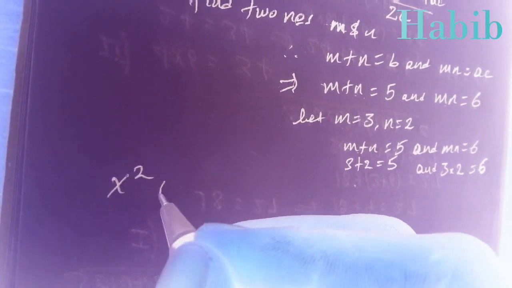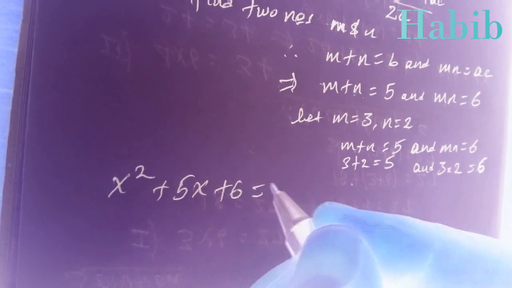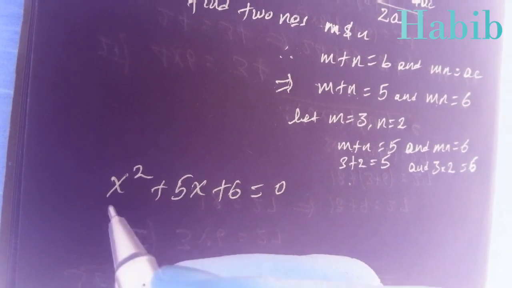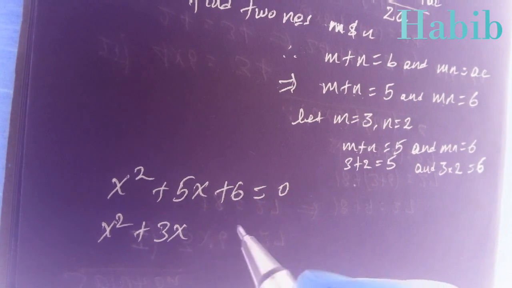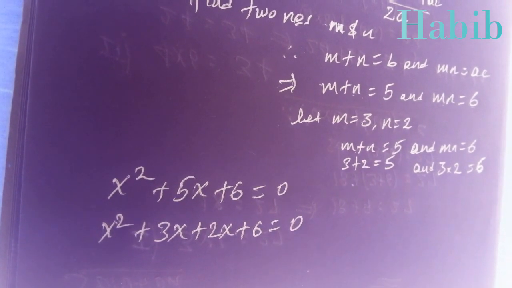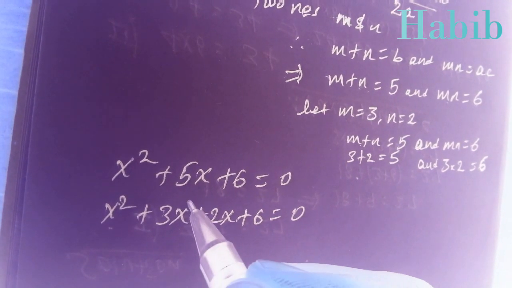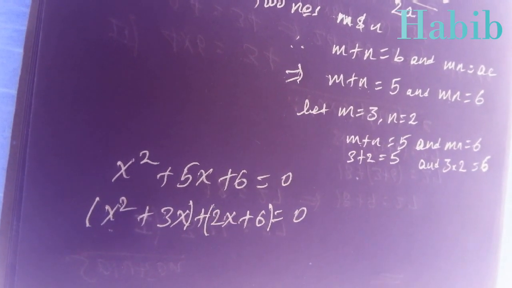Now come back to our general equation: x squared plus 5x plus 6 equals 0. In this quadratic equation, x squared plus 5x means 3x plus 2x. We can get 3 and 2 as the numbers. Therefore, x squared plus 3x plus 2x plus 6. From this, we can separate two terms.